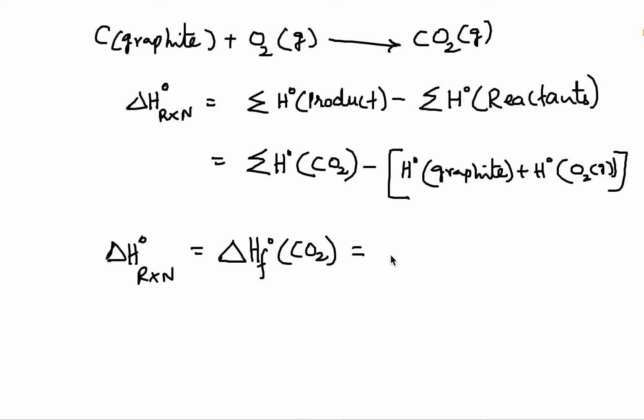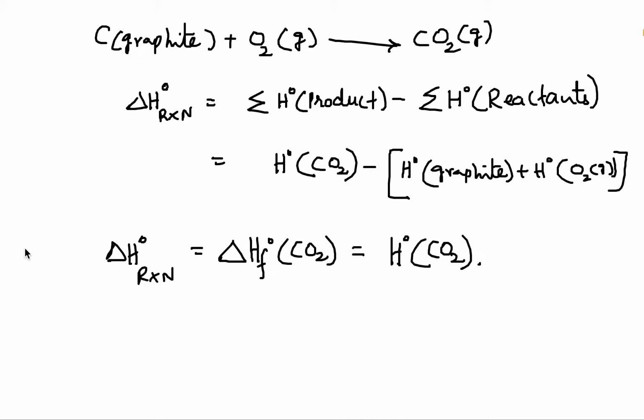That's going to be simply, there is only one carbon dioxide and there will be no summation here as we have only one product, that's going to be enthalpy of carbon dioxide. What does it mean? It means enthalpy of a compound is simply enthalpy of formation of the compound.